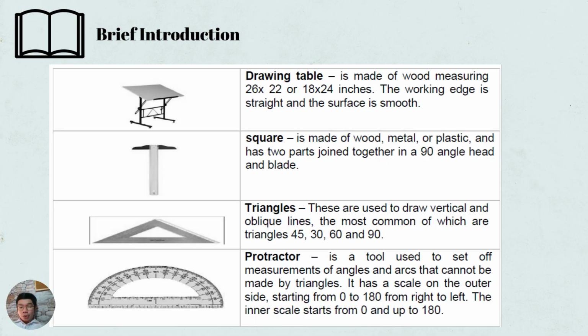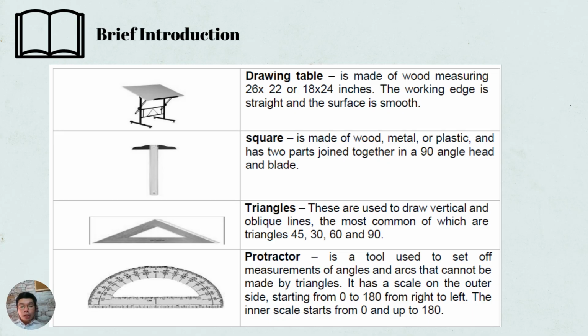So the first picture shows a drawing table. It is made of wood measuring 26 by 22 or 18 by 24 inches. The working edge is straight and the surface is smooth. The second one is a T-square. It is made of wood, metal, or plastic and has two parts joined together in a 90 degrees angle, head and blade.